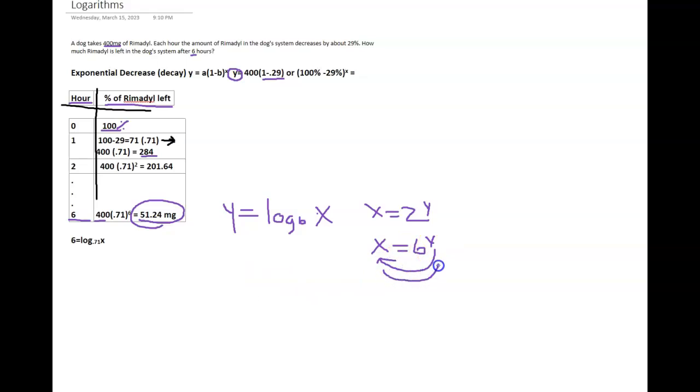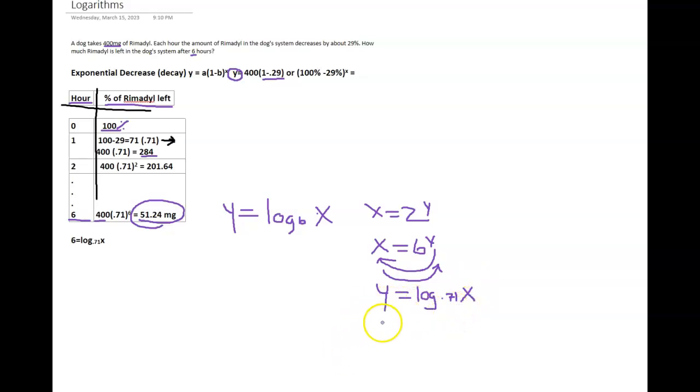We can flip this exponential formula over to y equals the log. Remember, when you flip that x and that y, you want to put a log in there. The base in this formula is 0.71, of x.